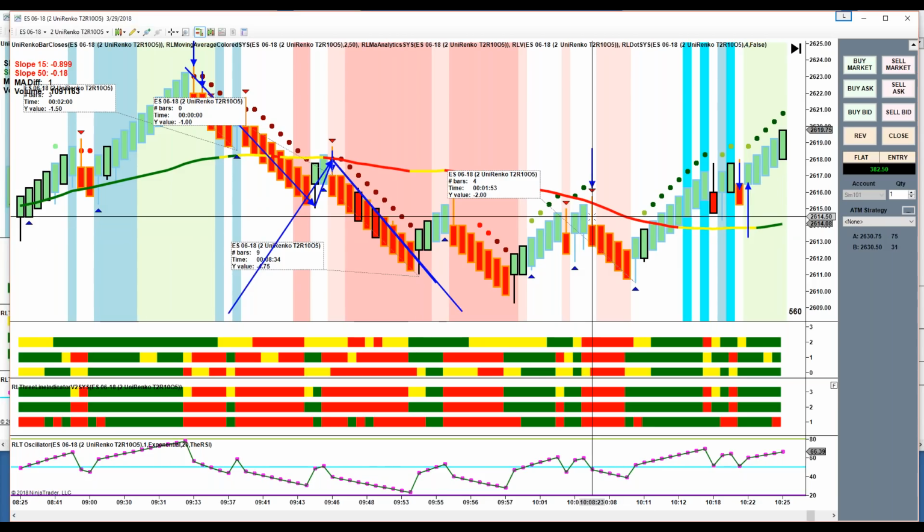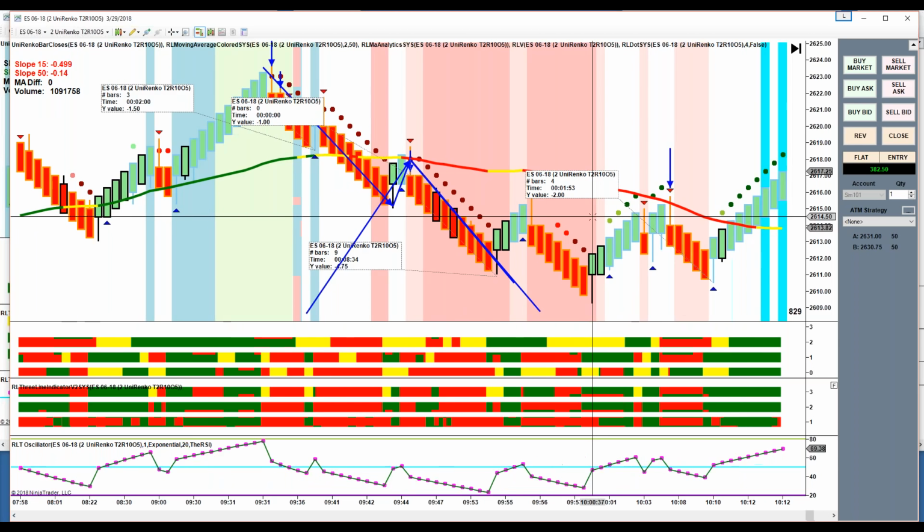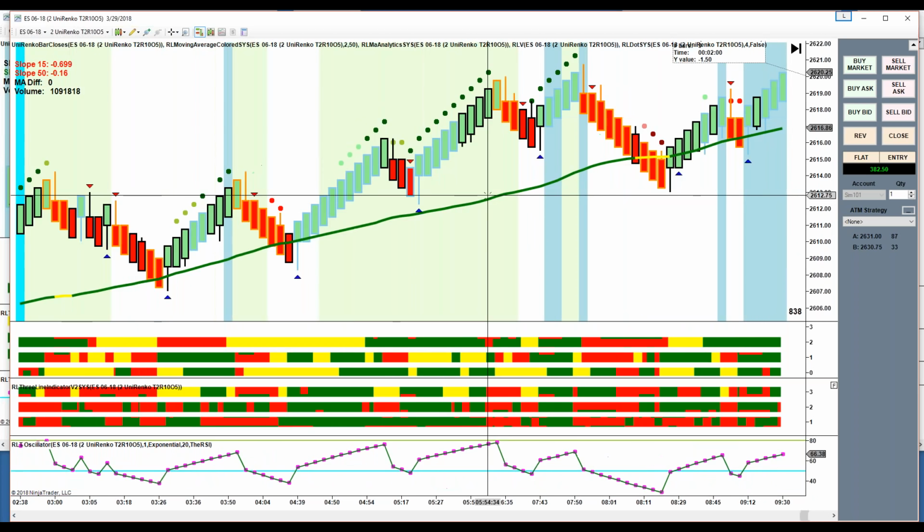This is not a gimme trade. This one comes with moderate risk, while this one comes with almost no risk. So if you want to trade 10 contracts, you trade it here. If you want to trade 2 or 3 contracts, you trade that here. So let's take another perfect continuation trade.